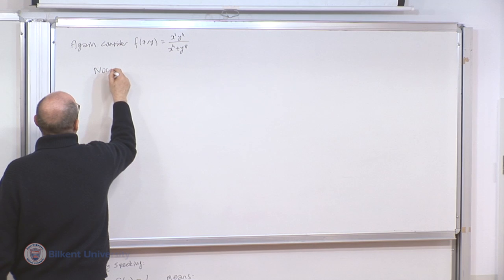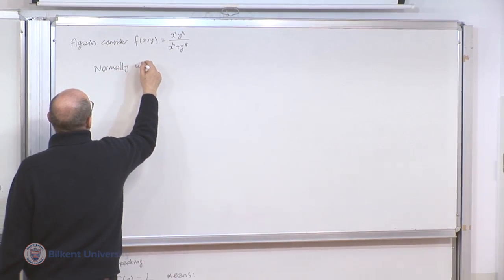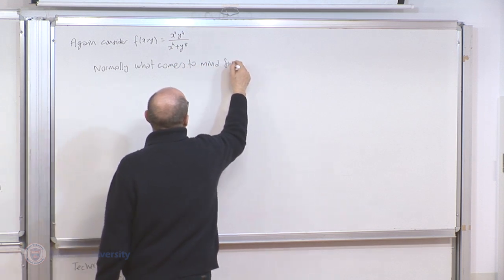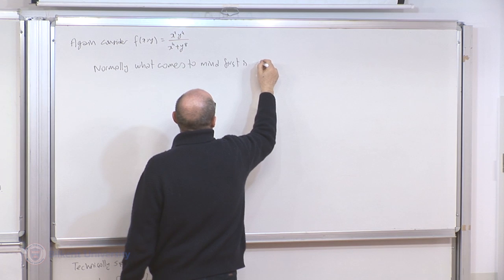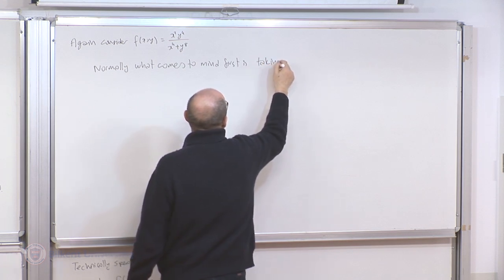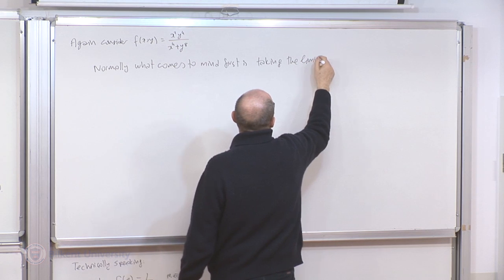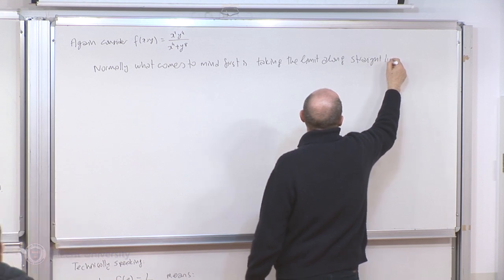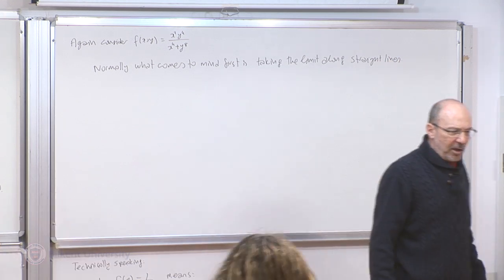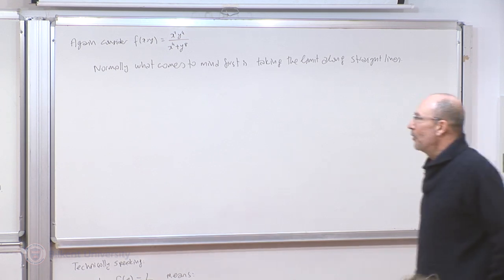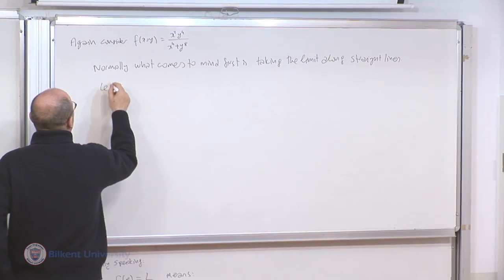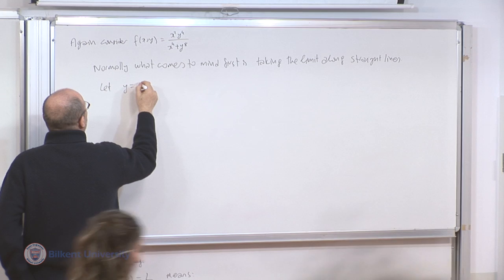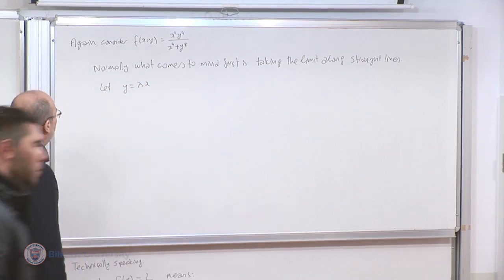Normally, what comes to mind first is taking the limit along straight lines. Okay, all lines are straight, but we love to call them straight lines anyway. Okay, so try let y equals lambda x. Okay, so who cares?